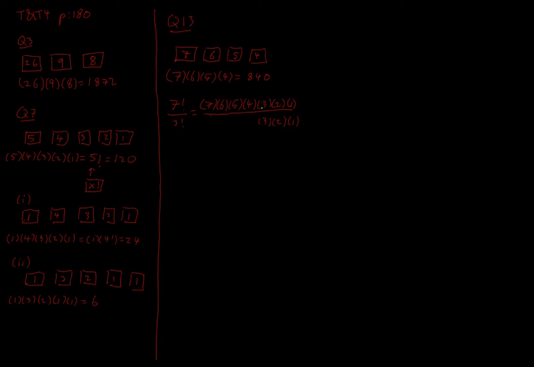Now you can see we can divide above and below by what is common, and we have 3 by 2 by 1 divides out, and we're left back with what we had from our picture. So our picture method gave us this answer, and now I'm trying to lead you towards a formula for this type of question. So we have 7 factorial divided by 3 factorial.